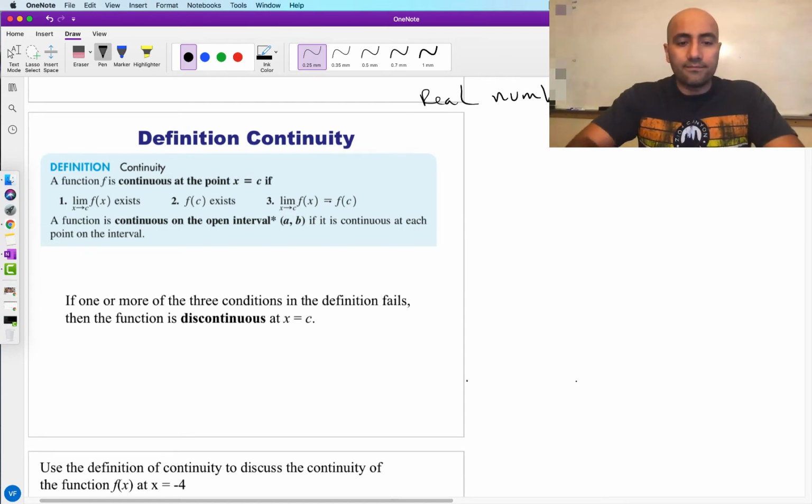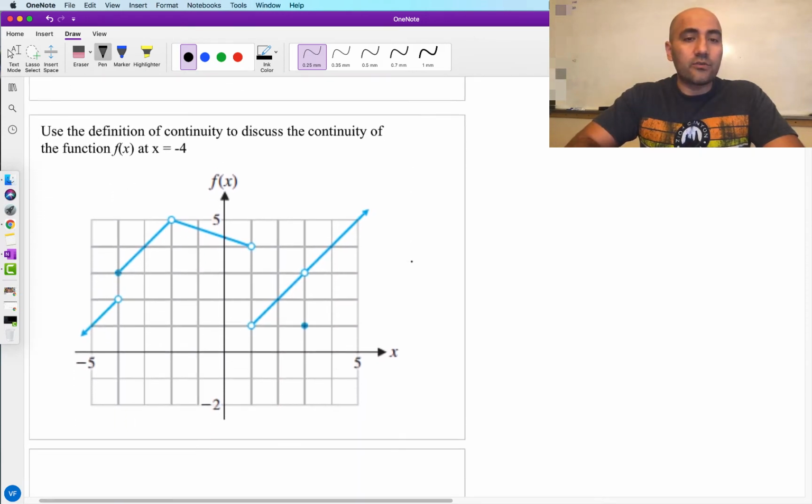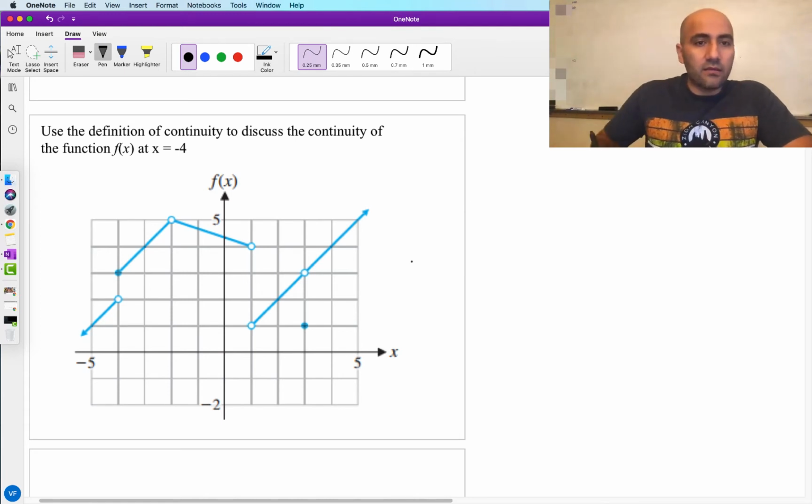All right, so use the definition of continuity to assess the continuity of the function f of x at x equals -4. Okay, so let's look at this. So this is -1, -2, -3. So this is -4 right here. And so it traces up to there and traces up to there.